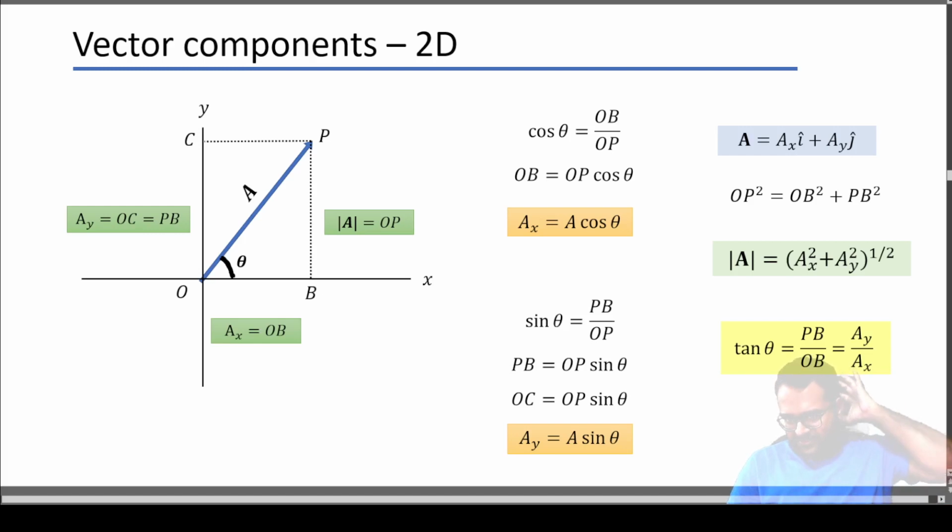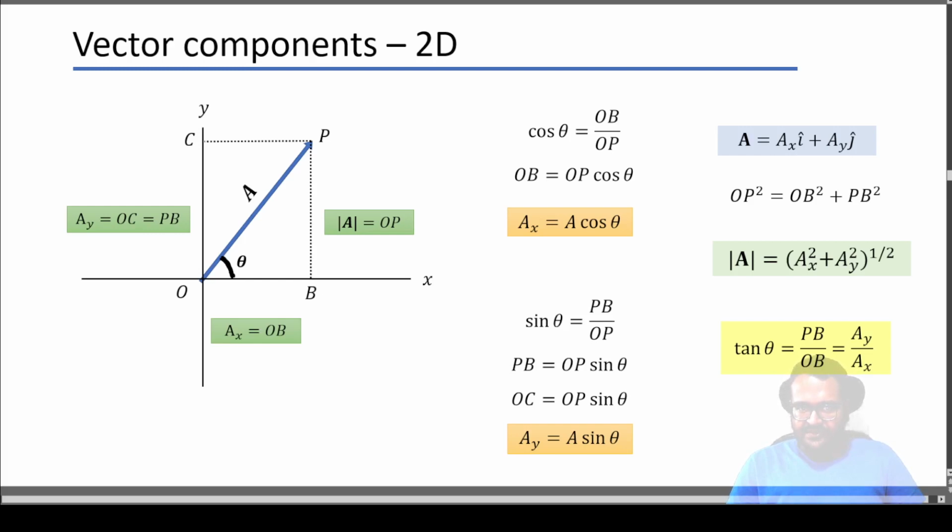So the component AX will be A cos theta, AY is A sine theta. I'm not going into great detail because I assume that you have a rough idea of all of this. So if I write a vector in components, I write it as AX i cap plus AY j cap.